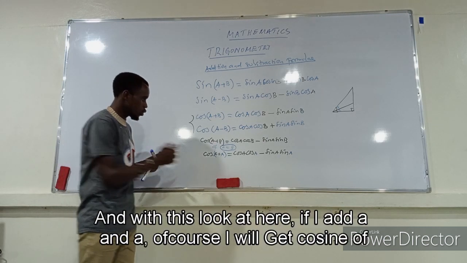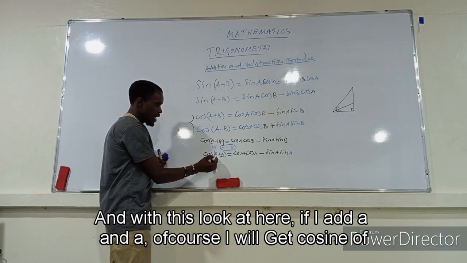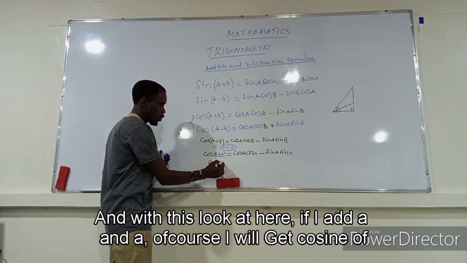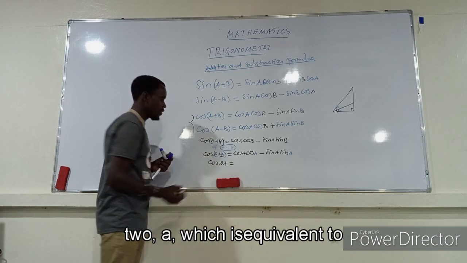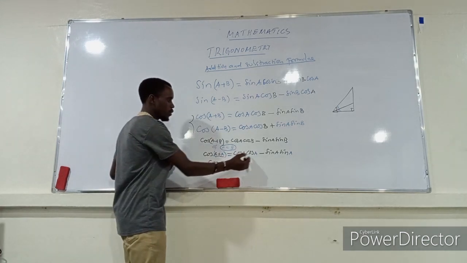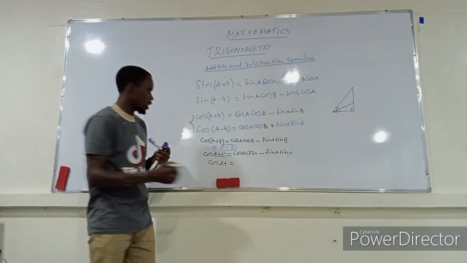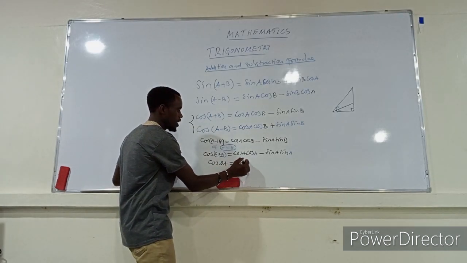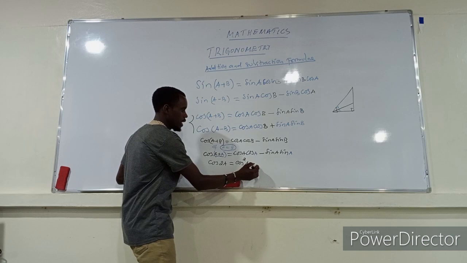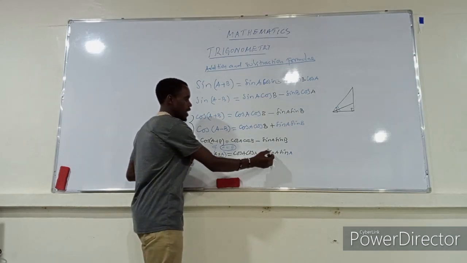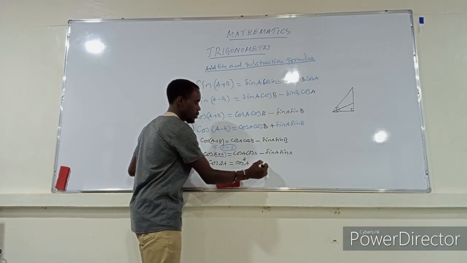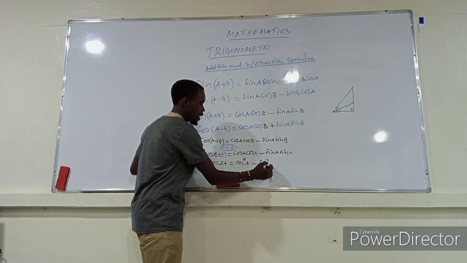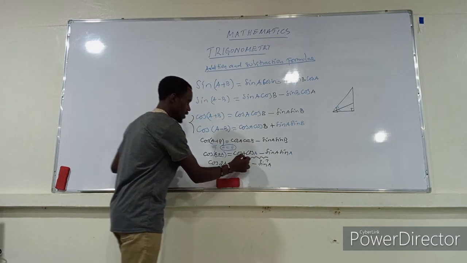And with this, look at here. If I add A and A, of course I will get cosine of 2A, which is equivalent to cosine of A times cosine of A, which is going to give me cosine squared of A. Then minus, here sine A times sine A is going to be sine squared of A. Very nice.